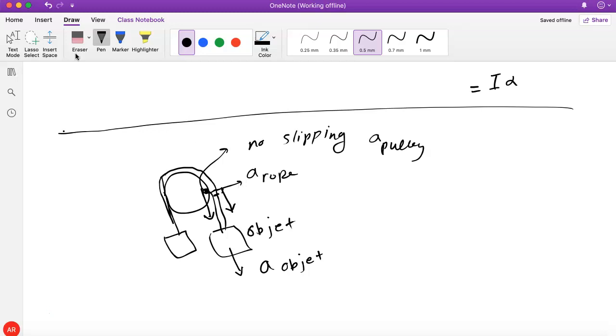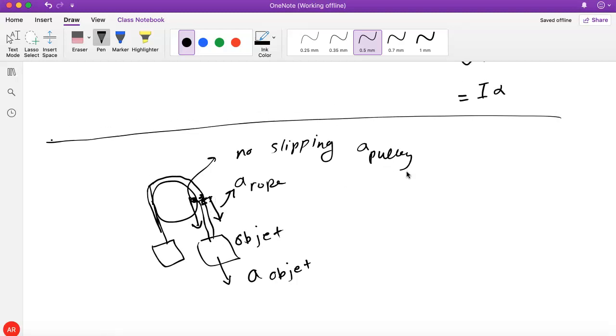And this is again the downward acceleration of this little piece that belongs to the rope. For the pulley, because it's just rotating around its center axis, we can say a_pulley is r times alpha, the radius times the angular acceleration. And then, of course, this is equal to a_rope, which is equal to a_object.